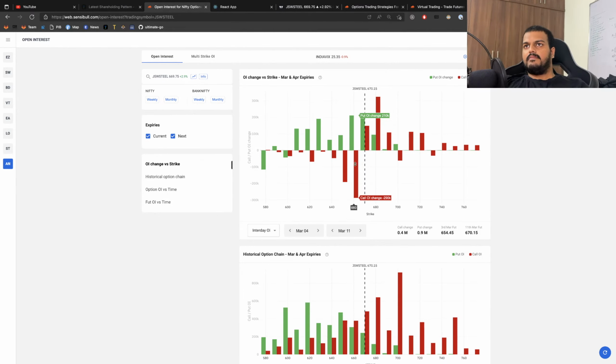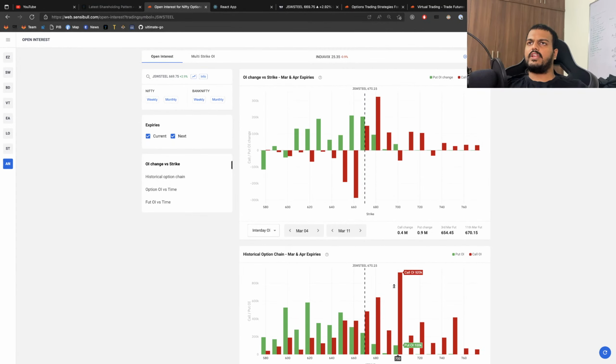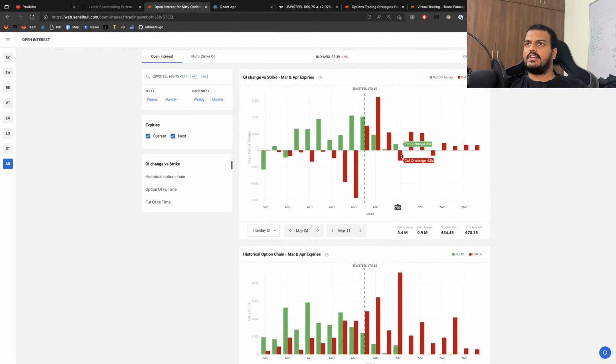At the same time, all the calls here washed out, and in historic there are also few calls left, whereas the resistance zone at 700 is depleting, but 680 is the only call which has remained overall this week, and the remaining calls vanished.